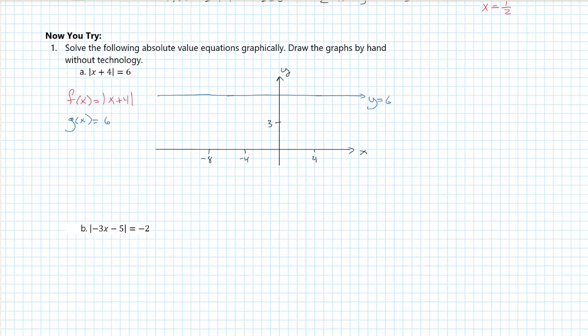And then we'll go ahead and say y equals x plus 4. Just get rid of those absolute values. Set this to 0 to find our x-intercept. x equals -4. So -4 comma 0 is our x-intercept. And our slope is 1.